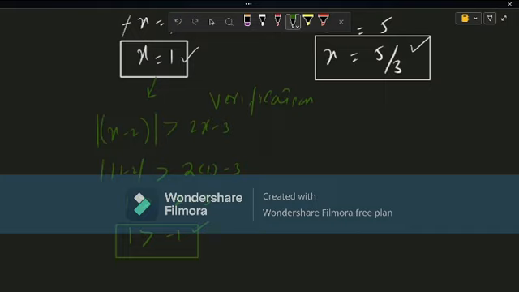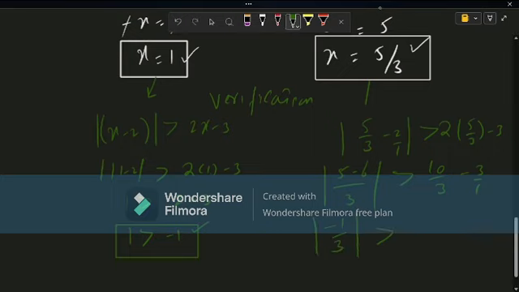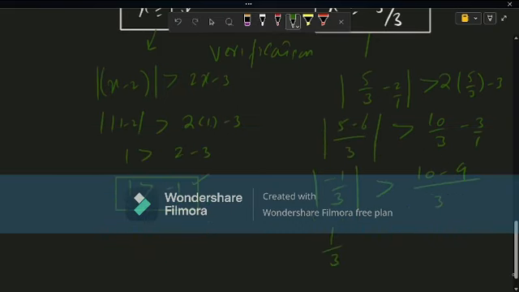Now you have to talk about the other value, that is x equals 5 by 3. Let's plug it back. |5 by 3 minus 2| is greater than 2 times 5 by 3 minus 3. That gives you |5 minus 6 over 3| greater than 10 by 3 minus 3, so |minus 1 by 3| is greater than 10 minus 9 over 3. 1 by 3 is greater than 1 by 3.